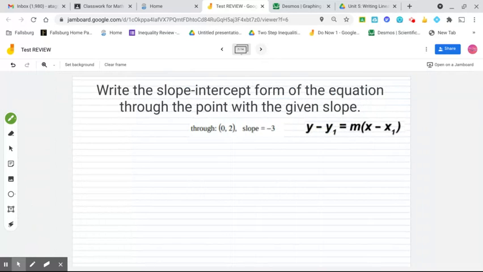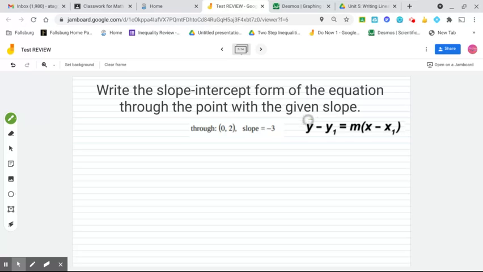Next, it says write the slope-intercept form of the equation through the point with the given slope. So we want to go through the point 0, 2, and we know we have a slope of -3. So we're going to use this point slope formula here. y minus y1 equals m times x minus x1.